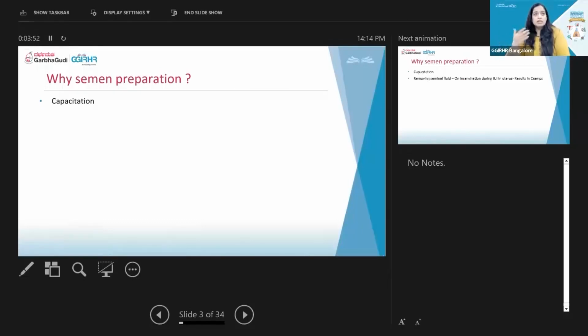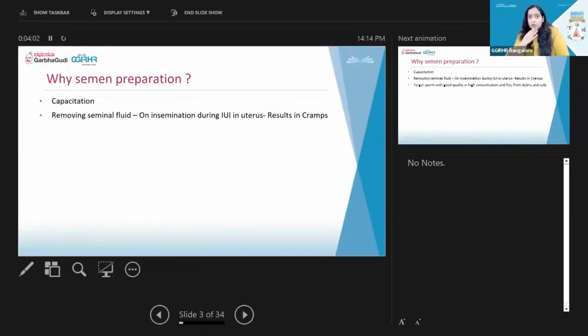It also increases the sperm motility, so that the movement of the sperm is fast enough to reach the oocyte. Next is removal of seminal fluid. For example, if we inseminate the patient with the raw sample, it results in cramps in the patient.